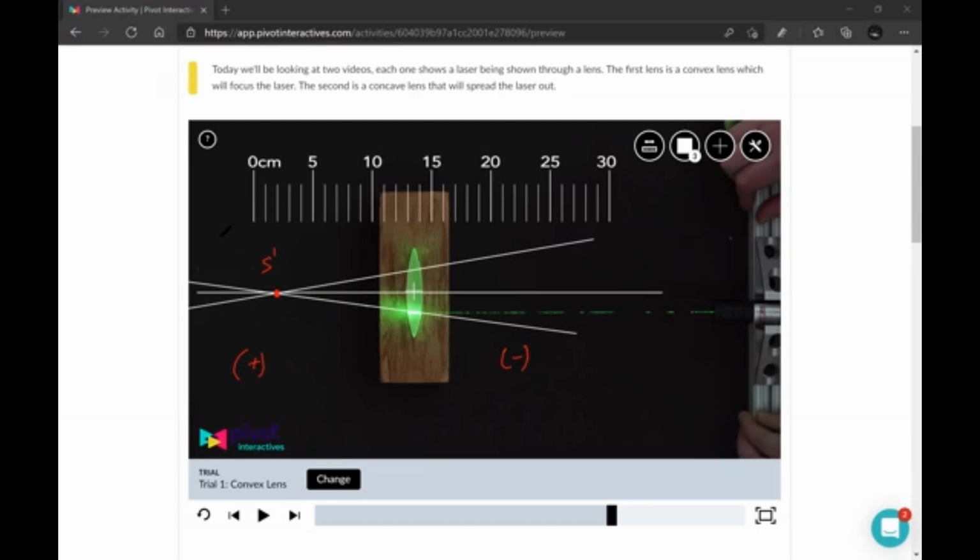This is where we have refracted lights. Since that's my refracted side, and I can see the light converges, that's why it's a converging lens. And this is a positive side. Image distance is positive, and you can use that to find the focal length. Any questions about this convex lens?